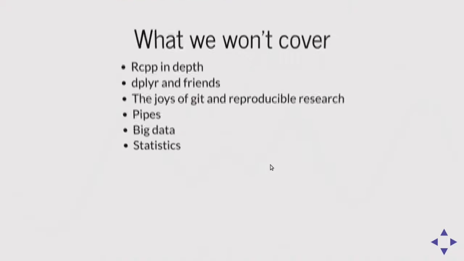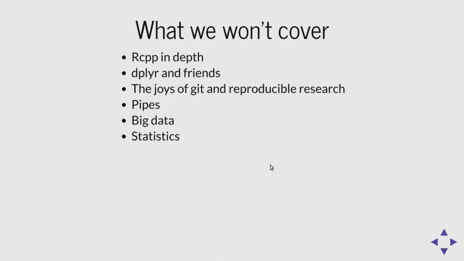So, what we won't cover. We're not going to cover Rcpp in depth. When we come on to Rcpp, which will be the last thing, we're going to cover what's C, how to run a bit of C code, very much a basic introduction. We're not going to cover dplyr and friends. They're wonderful, but there's lots of other talks and tutorials on dplyr and friends.